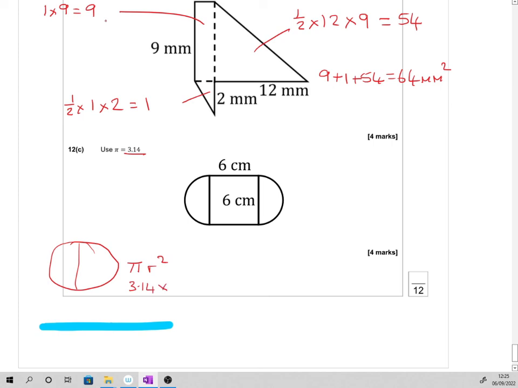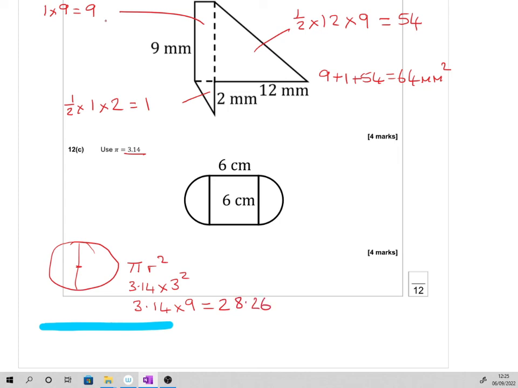3.14 times the radius, which is from the middle to the edge, which is going to be 3. 3 squared, so 3.14 times 9, which is 28.26.